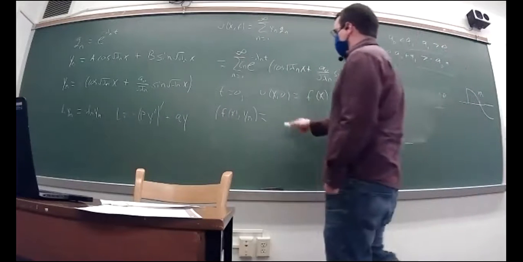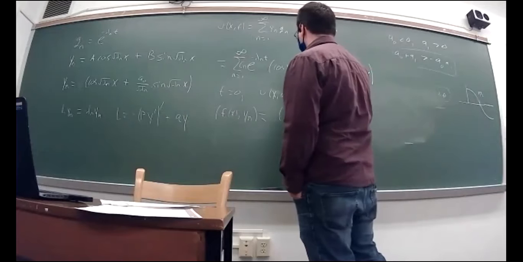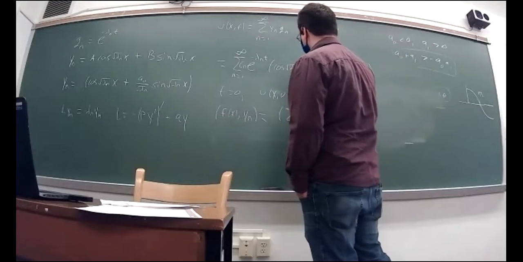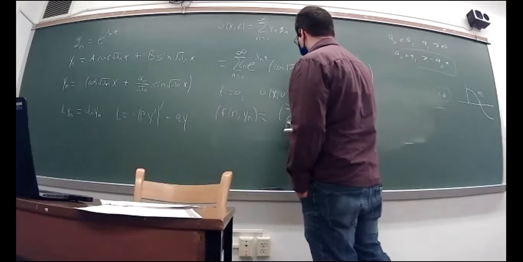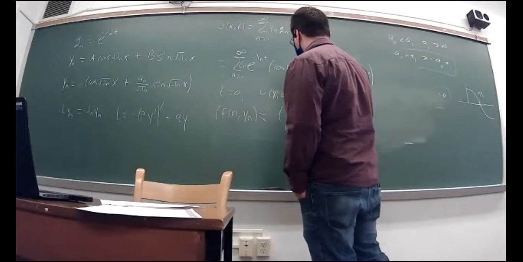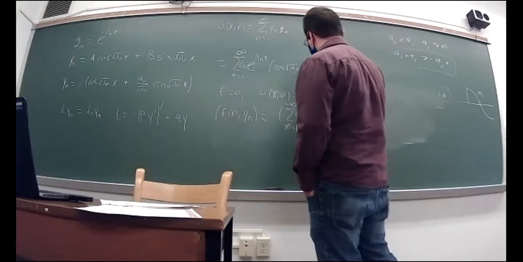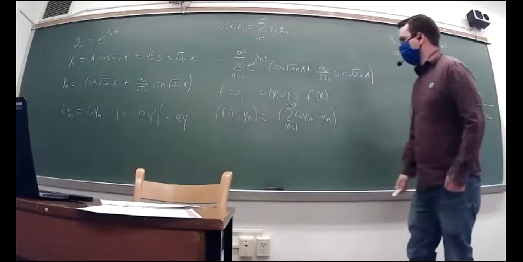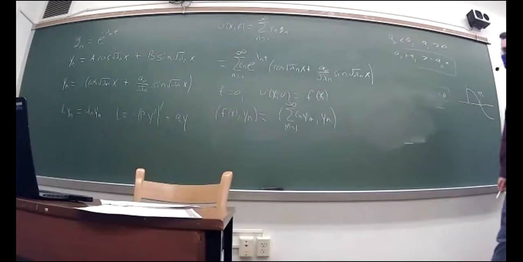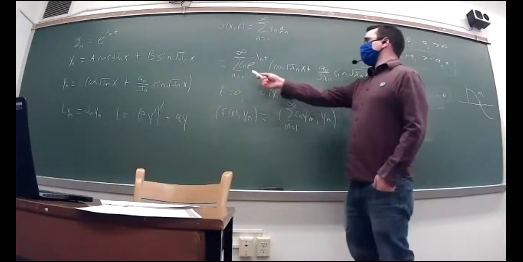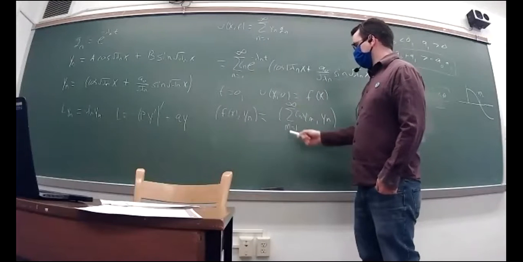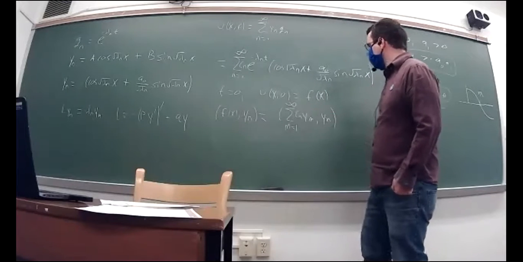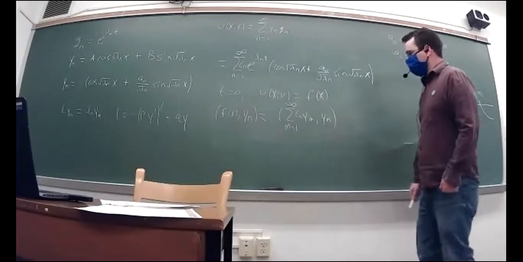And that's going to be the inner product with the sum of c sub m y sub m, where I'll index m from 1 to infinity. When t equals 0, the exponential becomes 1, and this is c sub m times y sub m. I'm just changing the index to m, not to get confused with that one.